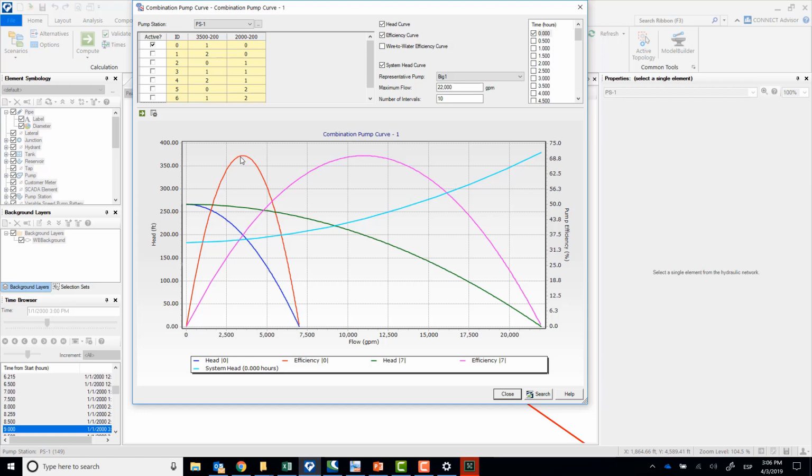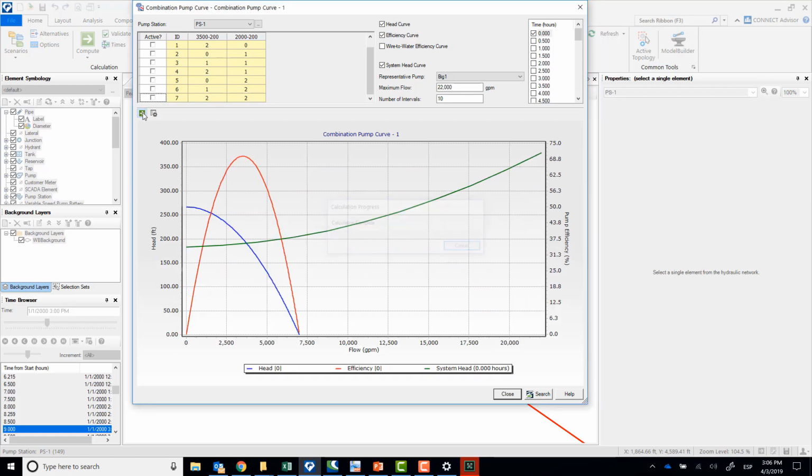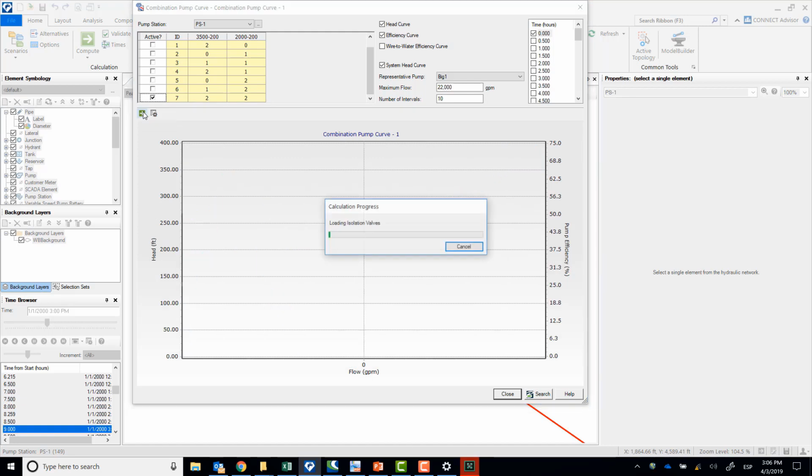Let me just start removing one at a time. Sorry, that wasn't the big one. That's what it is. It's the 3,500. It's a big one. So at 3,500, our efficiency should be 70%. Okay? But now look at what happens if I have the two big ones and the two little ones on at the same time.